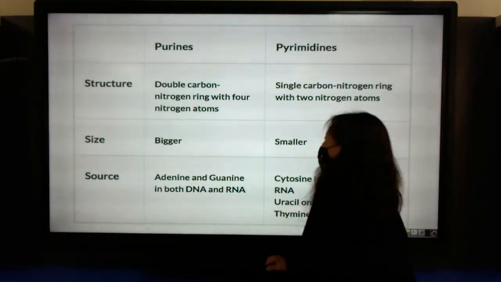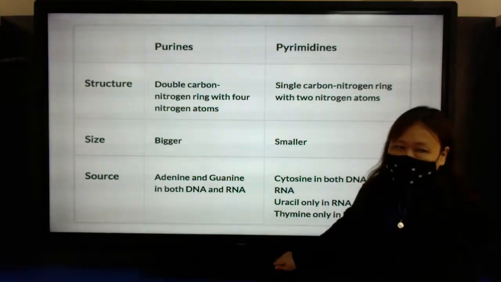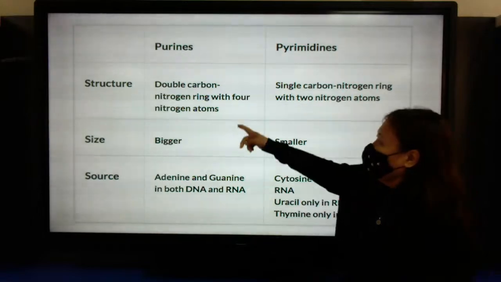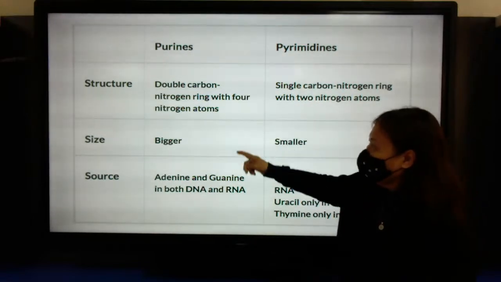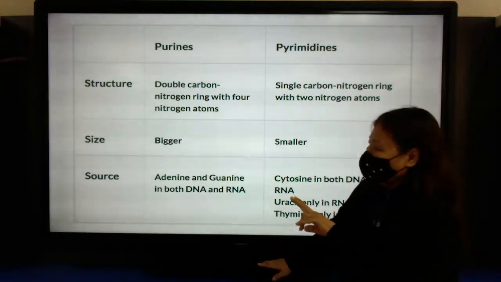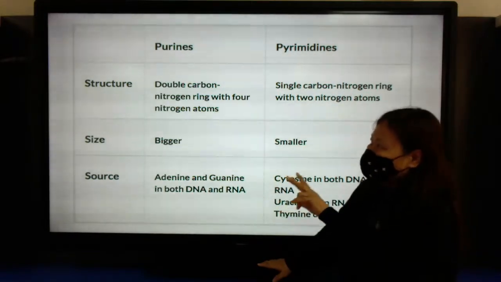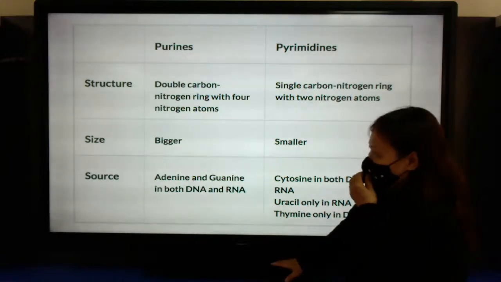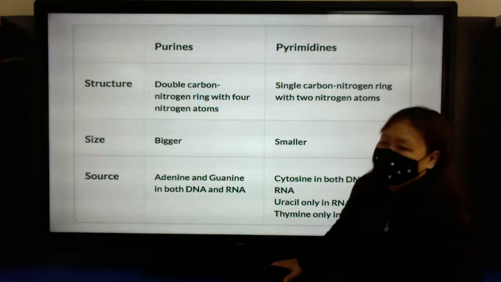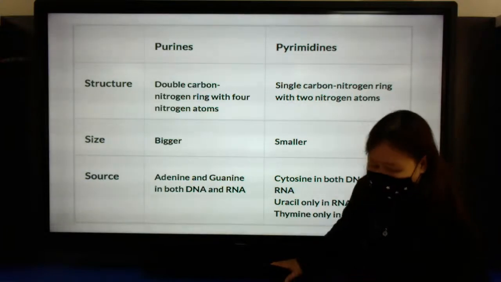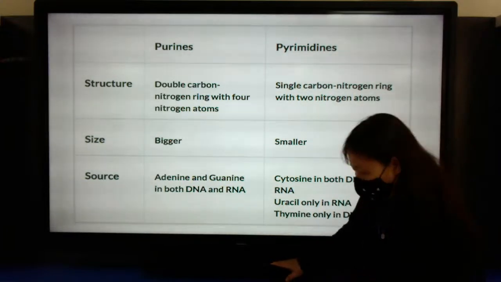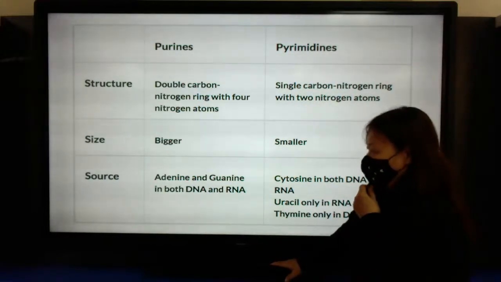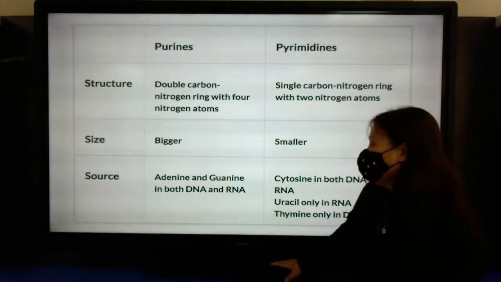Okay. Let's look now at the differences between purines and pyrimidines. For the structure, we have double carbon nitrogen ring. So, if you remember, two rings for purines and single carbon ring for pyrimidines. Second difference, we have the size. Purines are generally bigger in size compared to pyrimidines. Pyrimidines are smaller. And then source, where do purines come from?